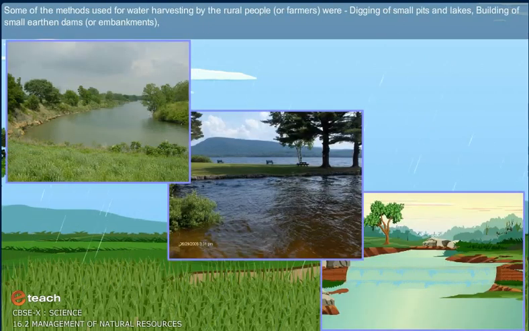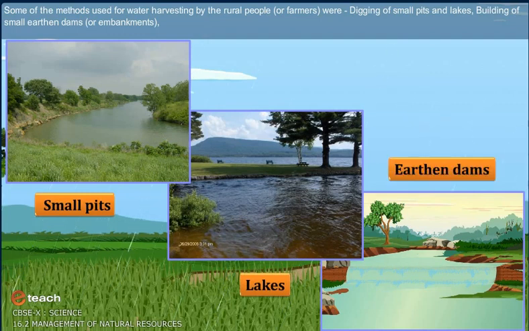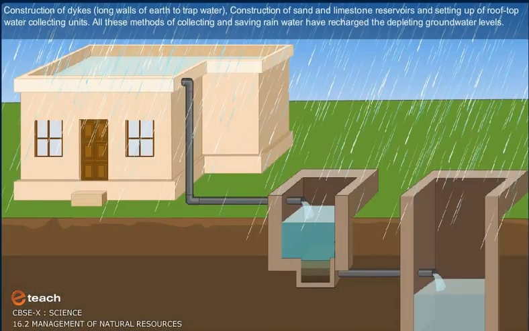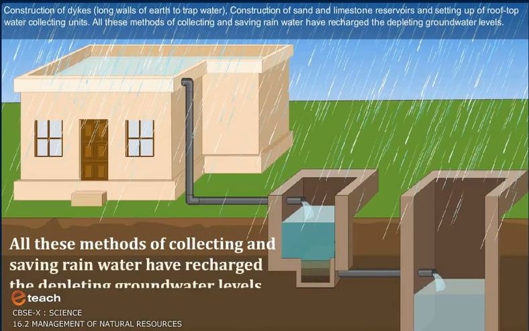Some of the methods used for water harvesting by the rural people or farmers were digging of small pits and lakes, building of small earthen dams or embankments, construction of dikes, long walls of earth to trap water, construction of sand and limestone reservoirs, and setting up of rooftop water collecting units. All these methods of collecting and saving rainwater have recharged the depleting groundwater levels.